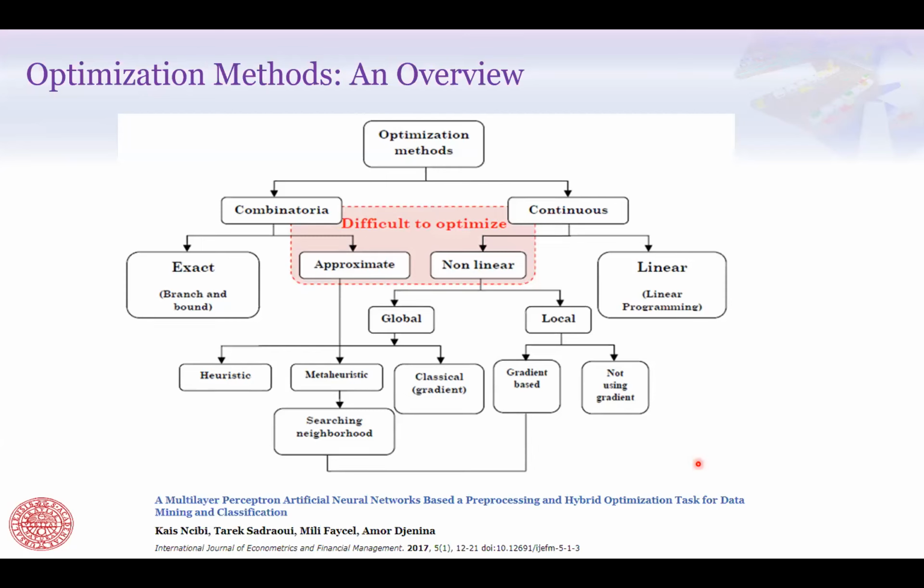We touched a little bit upon linear programming, where the problem needs to be convex and continuous, and then it's easier to solve. So whenever you can formulate your problem as linear programming, do that, because it will be readily solved.